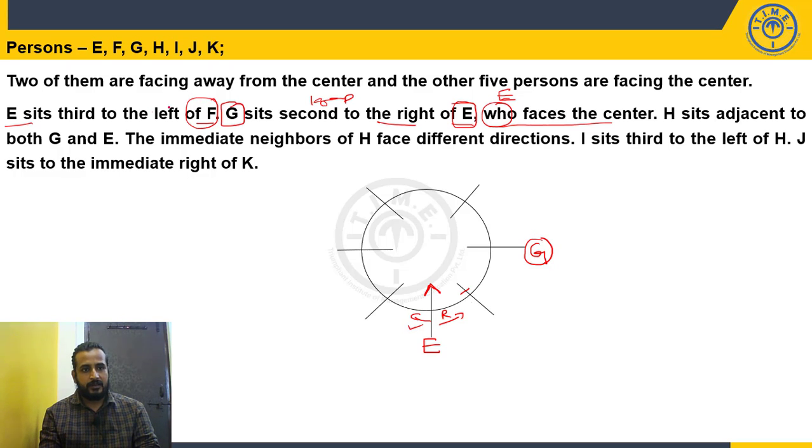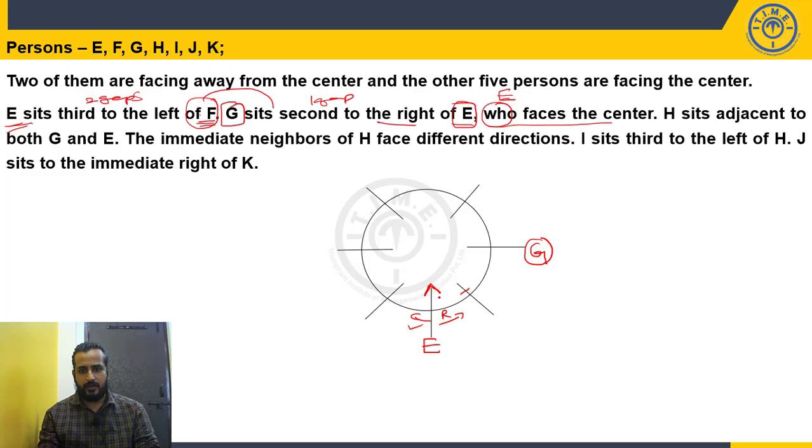And E sits third to the left of F. Again we have a link with E only, but we need the direction of F. So if you combine this statement and the previous statement, it leads to 2 cases. Let us draw it. E sits third left of F. So E is here. Third left means how many gaps? 2 gaps. To the left of F, who will be there?